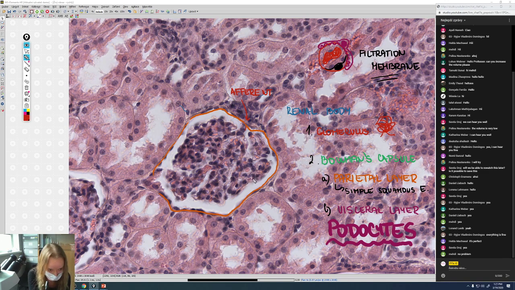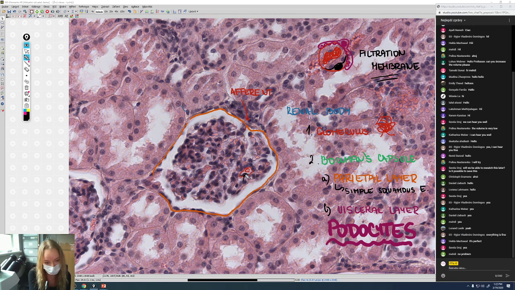We can find some good capillary here. For example, right here, this is the capillary, and these are the erythrocytes in the capillary. And the one nucleus that is protruding into the capillary like this, you can see that it's right in the lumen of the capillary.